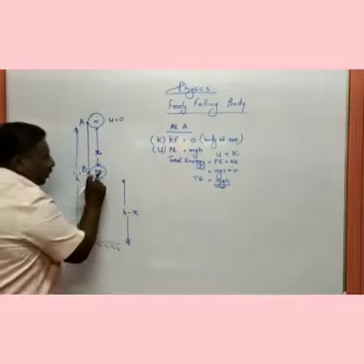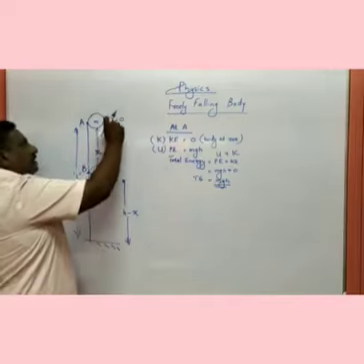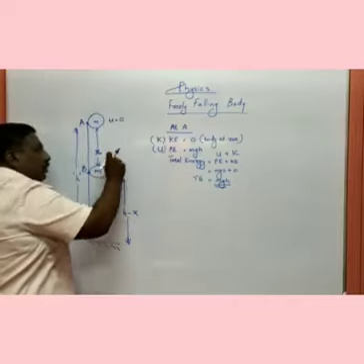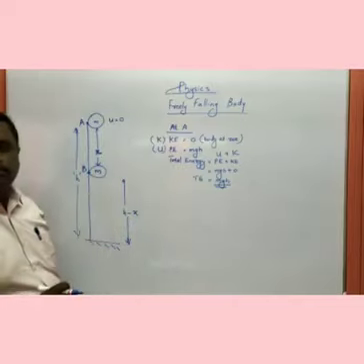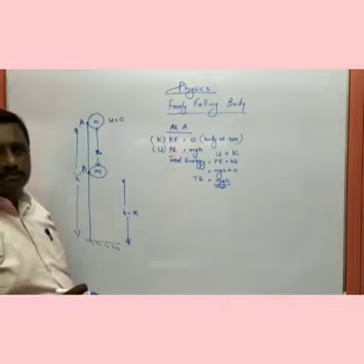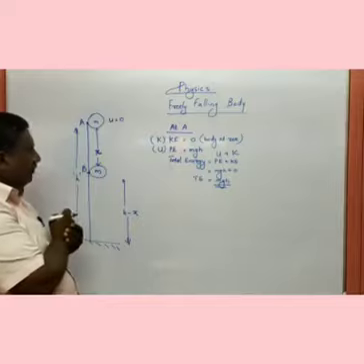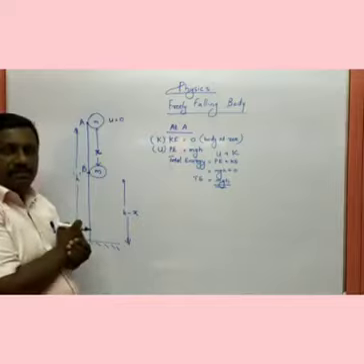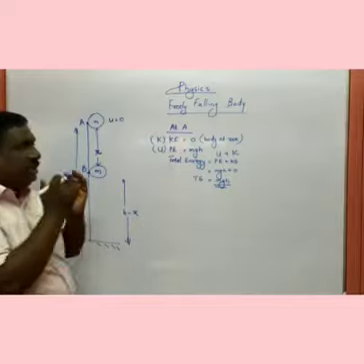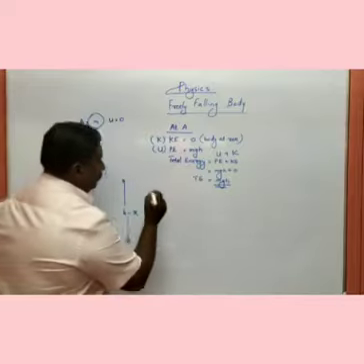While falling, the body should have a velocity. That means its velocity is changed from 0 to another value. That means we have to calculate the kinetic energy and the potential energy at B.